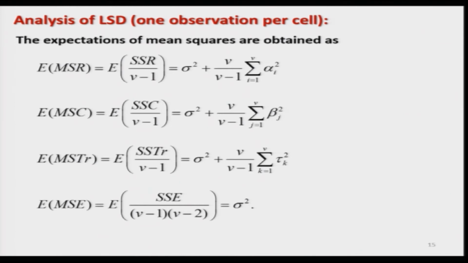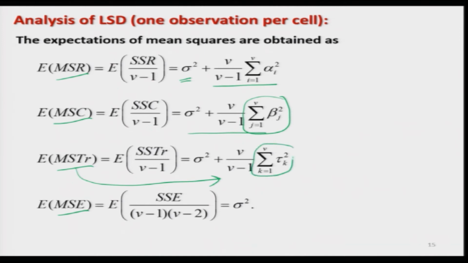And if you take the expectation of the mean square due to rows, columns, treatment and error, you have a similar expression: the expected value of MSR is going to be sigma square plus V upon V minus 1 summation alpha i square, and the expected value of MSC will remain the same except that this term will become summation over j beta j square, and similarly for the expected value of MS treatment, this expression remains similar, only the expression of summation over k tau k square is getting changed.